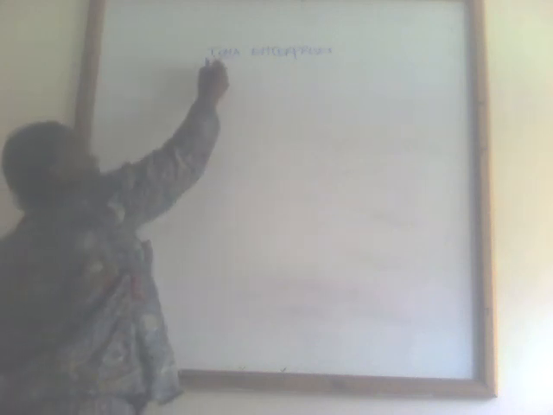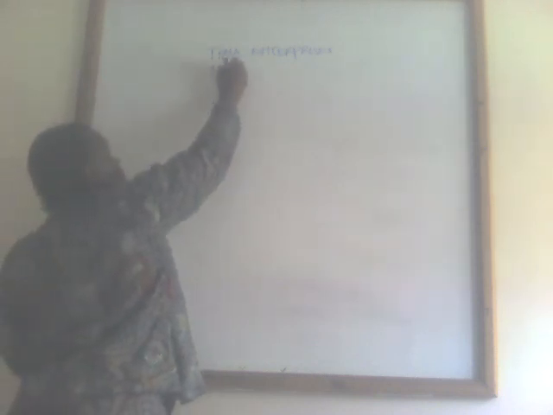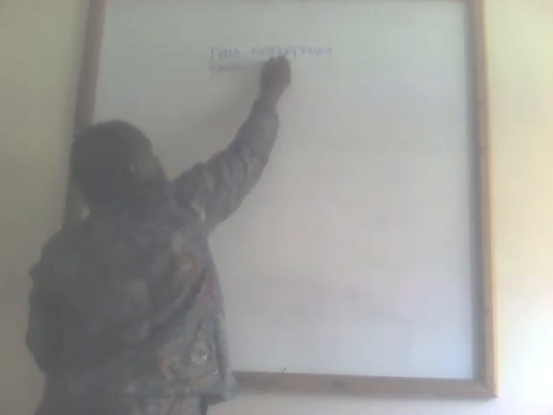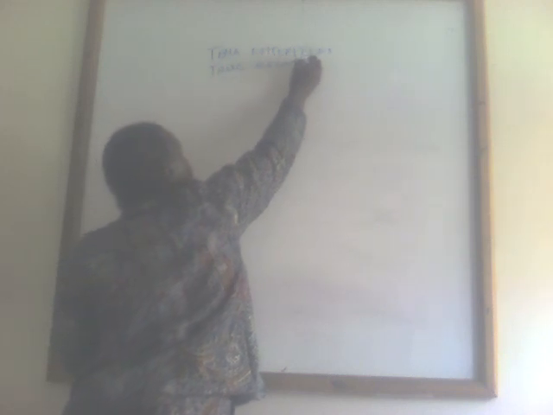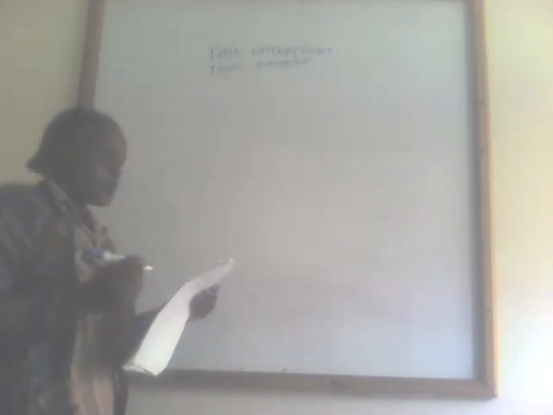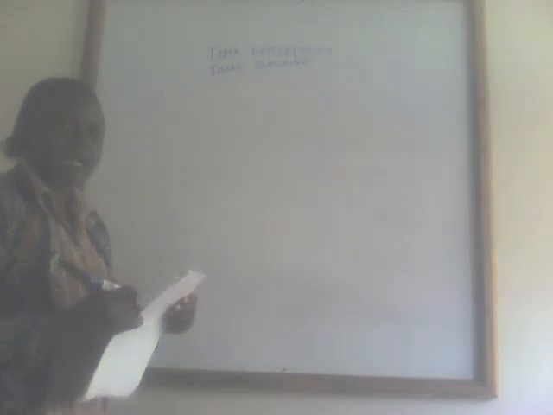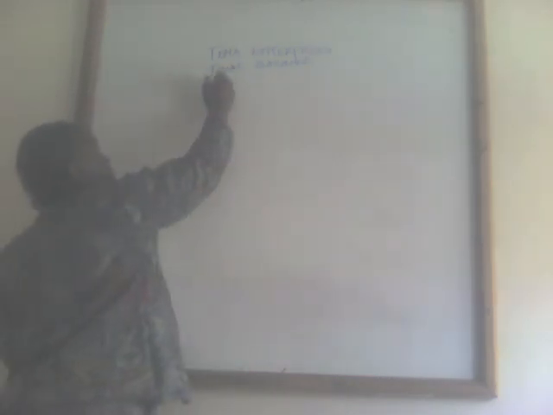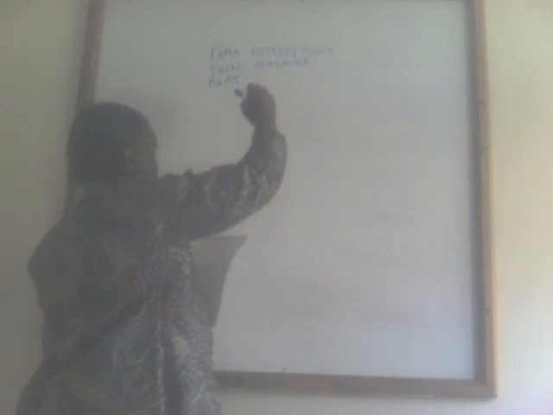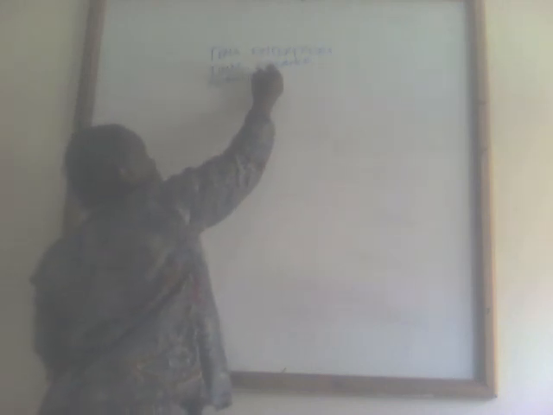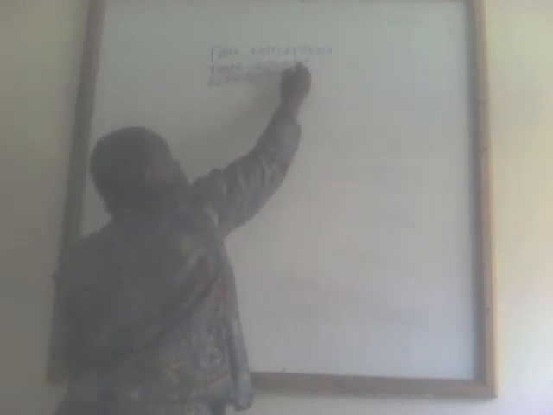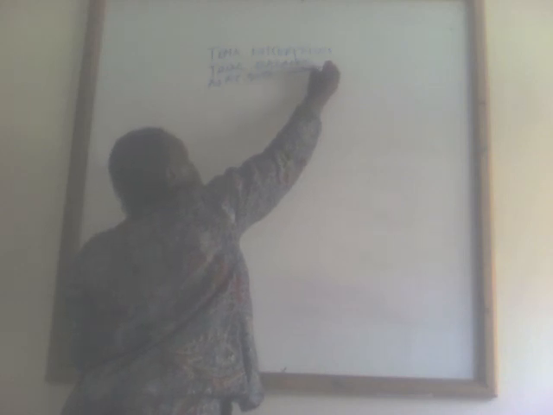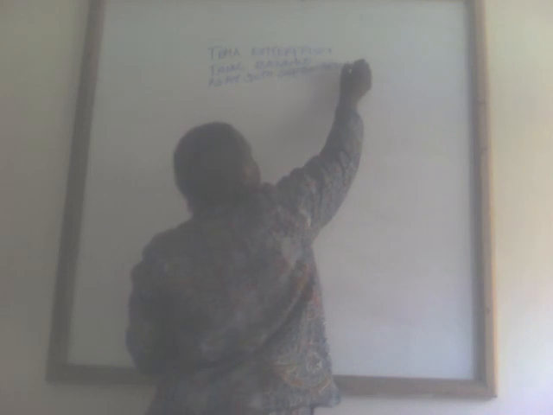Trial balance. For the trial balance, we use the term as at, as at 30th September 2014. Now that is the heading.